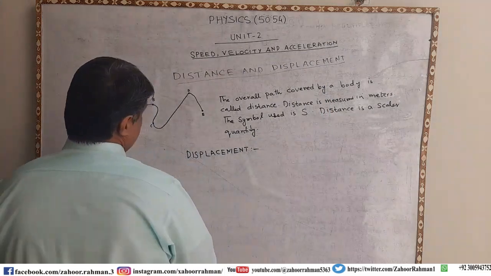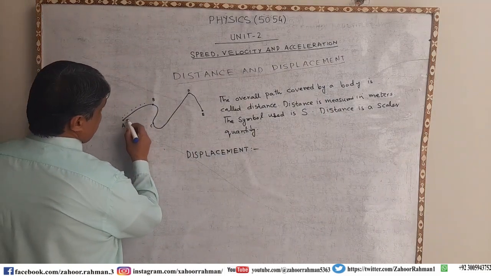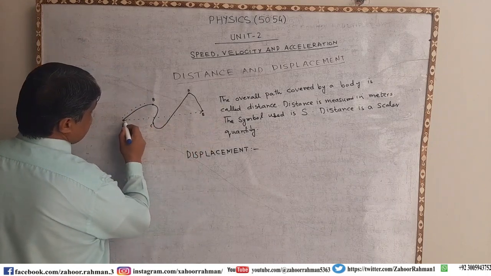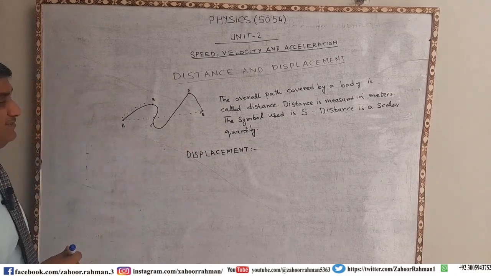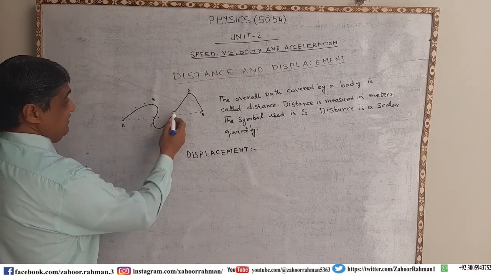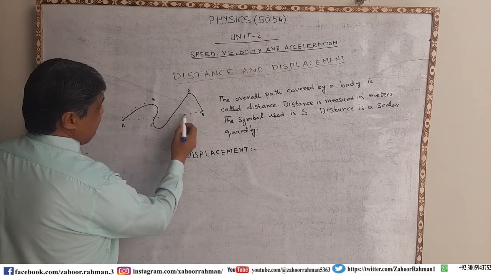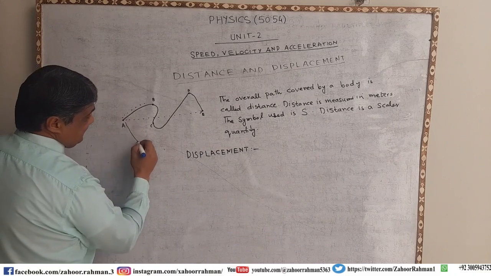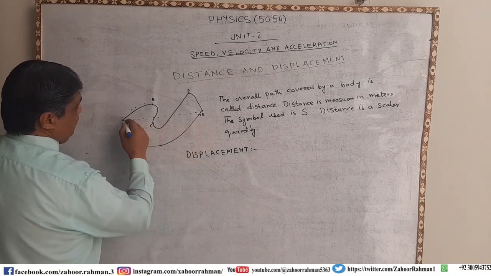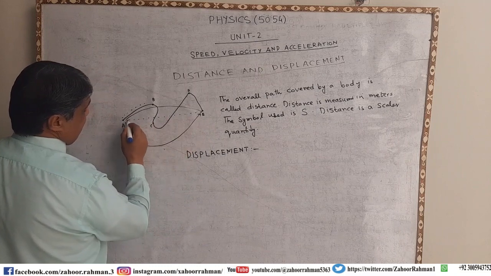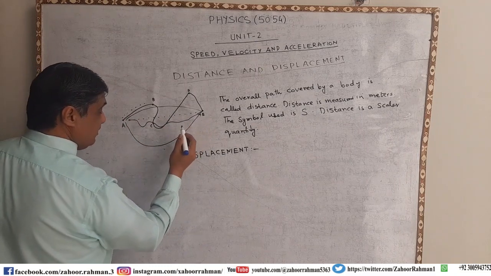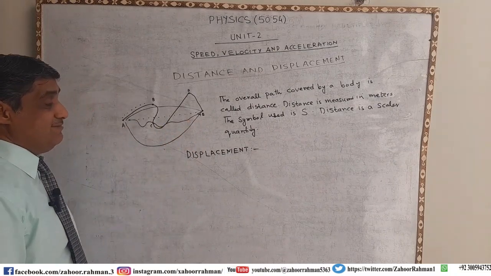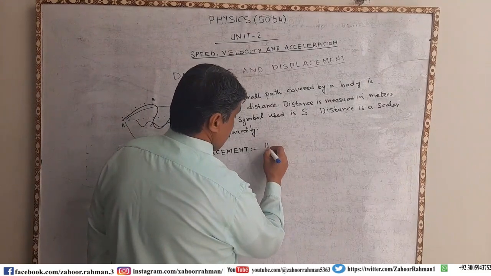Now technically and in scientific terms, the shortest distance between two points is called displacement. Now this is a distance and this is a displacement because it is the shortest distance. One distance is this one as well, one is this one as well, one is this one as well to the final point, but these are not the shortest. The shortest is only the displacement.